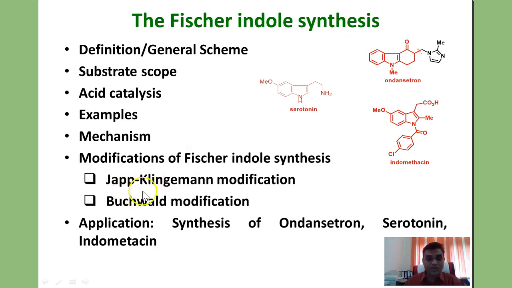These two modifications are the Japp-Klingemann modification and the Buchwald modification. The Japp-Klingemann modification offers a diazonium salt as a substitute for phenylhydrazine, whereas the Buchwald modification employs a cross-coupling reaction technique to simplify the synthesis of the substrate phenylhydrazine.